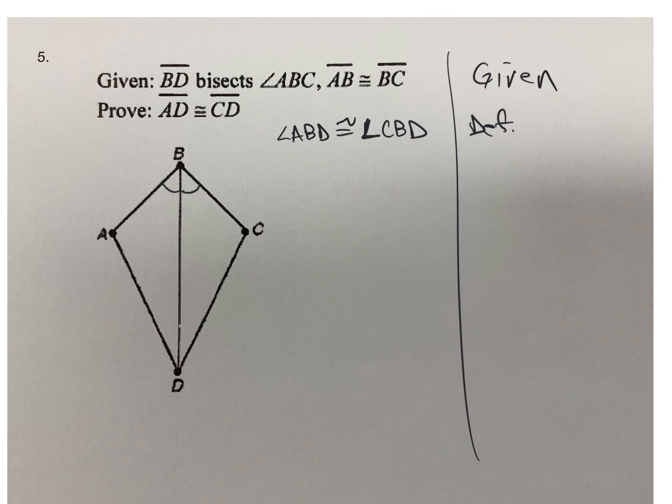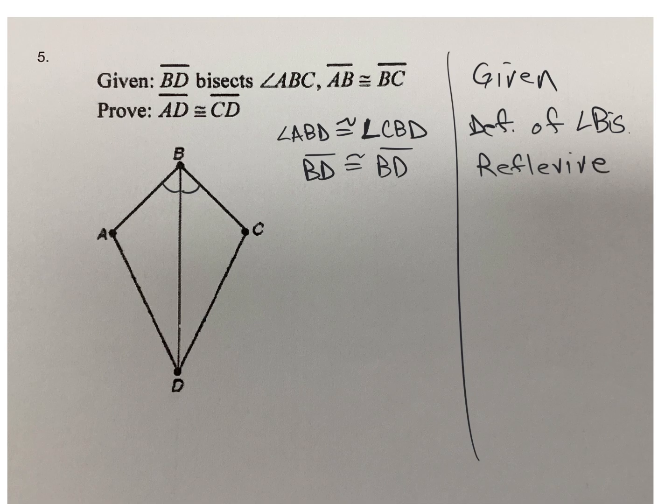Definition of bisector. Of angle bisector, if you want to be more specific. And then we have the reflexive side here. BD is the same as BD in both triangles. So BD is congruent to BD, reflexive.